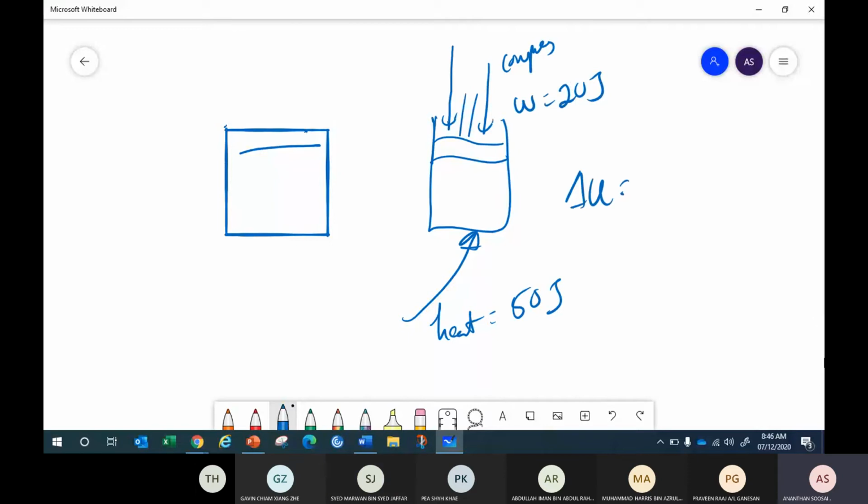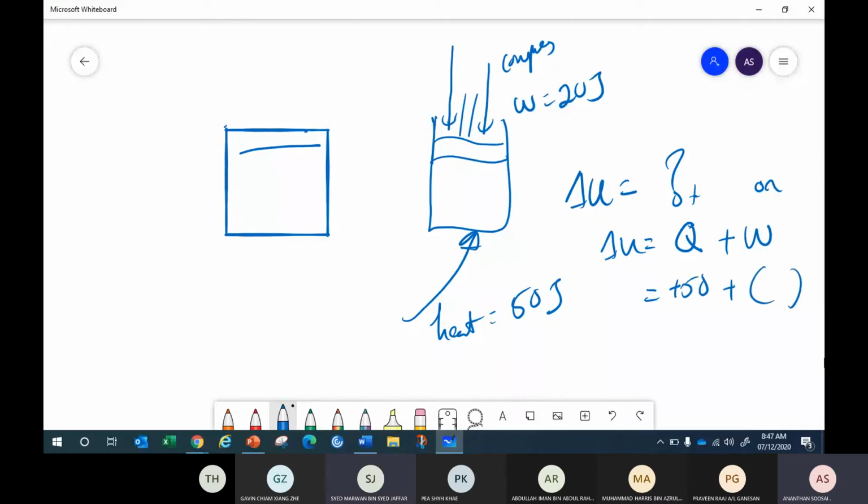What is the rise in internal energy? According to the first law, the change in internal energy is the amount of heat energy supplied to the system plus work done on the system. You must say it on the system. So Q is, in this case, positive 50, heated.